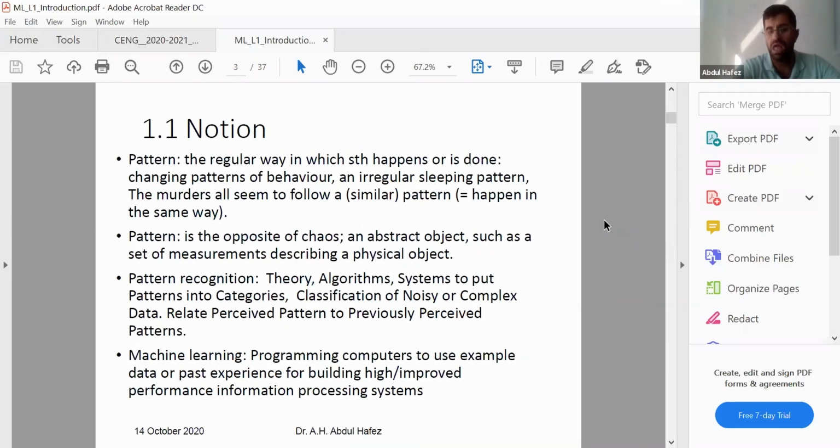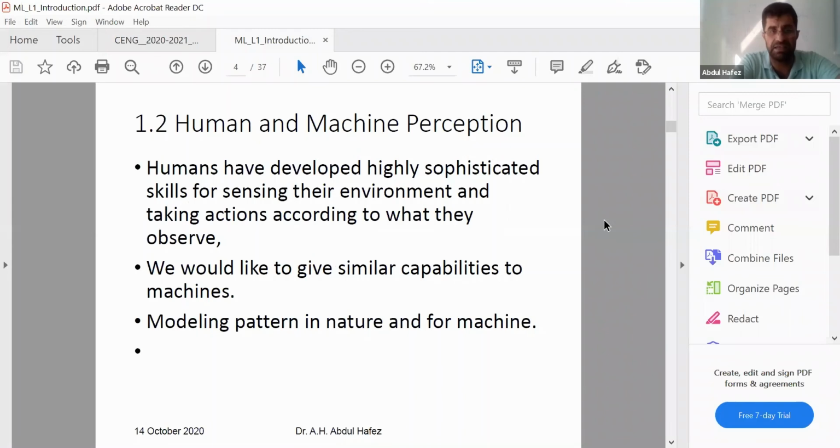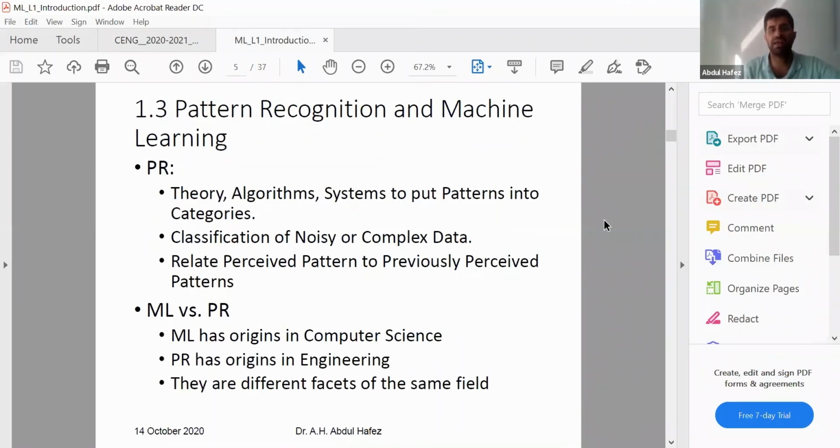Now, the difference between machine learning and pattern recognition is clear. If it is not clear, let's be more specific about it. Pattern recognition is a set of algorithms and systems that classify data, classify noise, while machine learning is a science, programs and algorithms that learn how to do it.